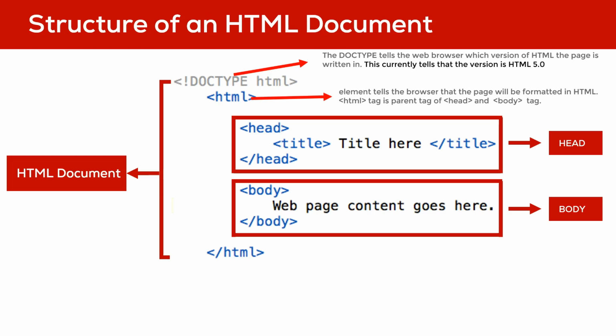There are other templating languages that we use to write the content of a web page, like Markdown and Pug, Mustache, and very many others. But in this case, we specify that this specific document is written in HTML language.